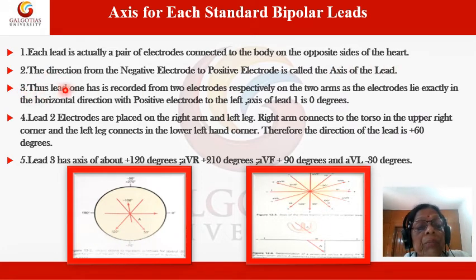Thus, lead 1 is recorded from two electrodes respectively on two arms. As the electrodes lie exactly in the horizontal direction with positive electrode on the left hand, the axis of the lead is taken as 0.